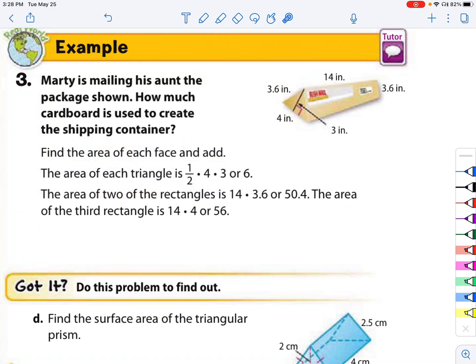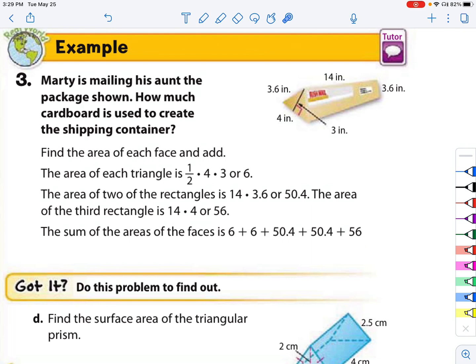The area of the third rectangle is, again, 14 times 4, or 56. The sum of the areas of the faces will be 6 plus 6 because there are two triangles. These are the two rectangles, and the third rectangle is 56.